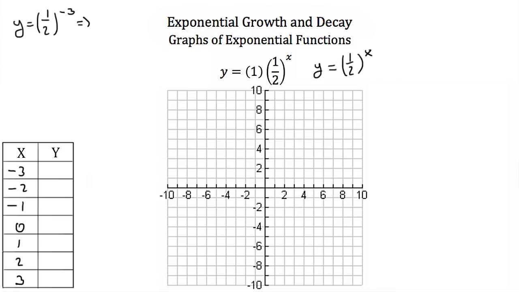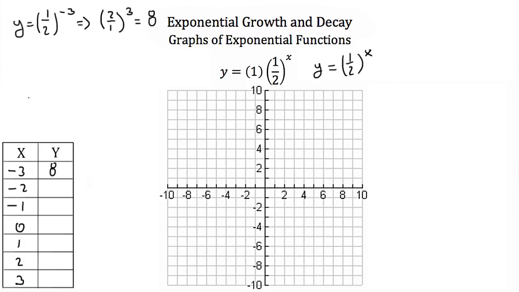This is the same as 2/1 to the 3rd power, or 2 to the 3rd power. 2 to the 3rd power is just 8. So if I plug in -3 for x, my y is equal to 8.